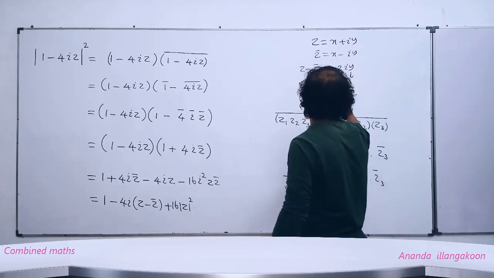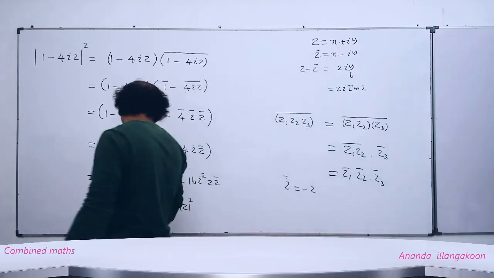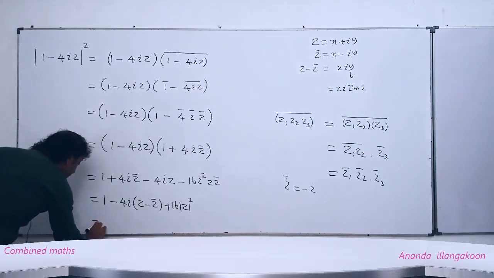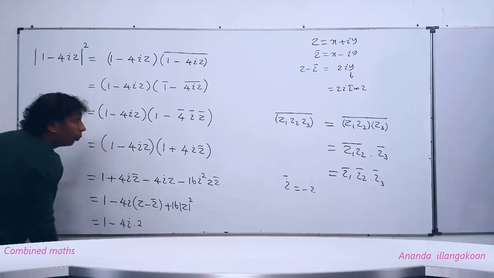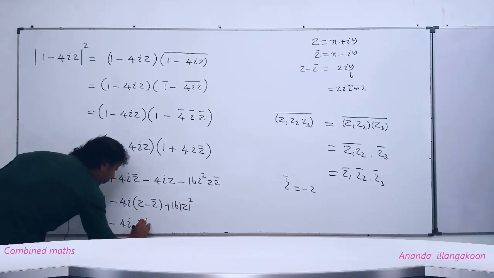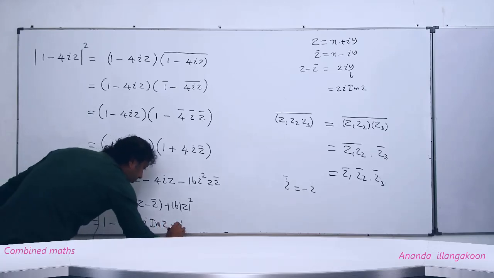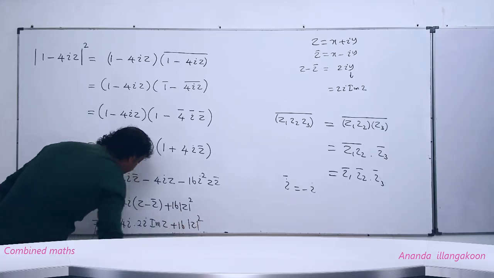The imaginary part of z. Then I can write for z minus z bar, 2i imaginary part of z plus 16 mod z squared.